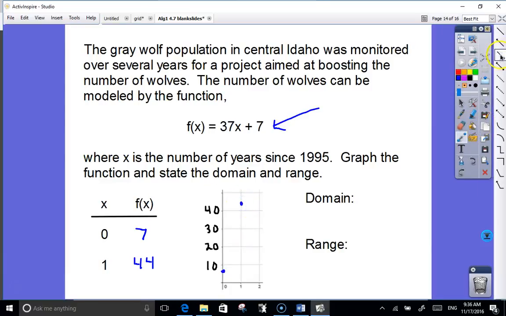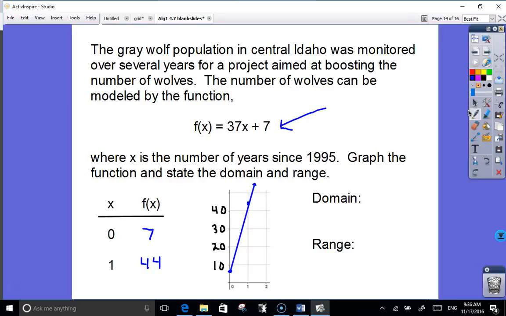And I'm going to make it... Right now, the arrow only goes one way, up and to the right. So what would we say is the domain? Where do the x values start? Okay, the x values started at x equals 0, and they went to the right.